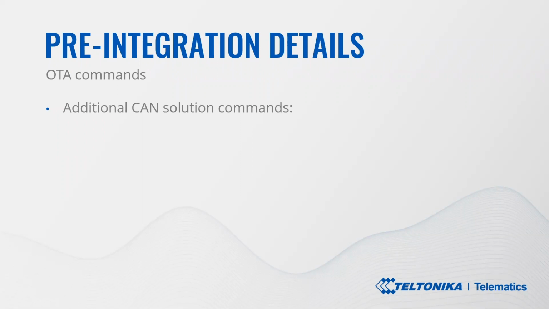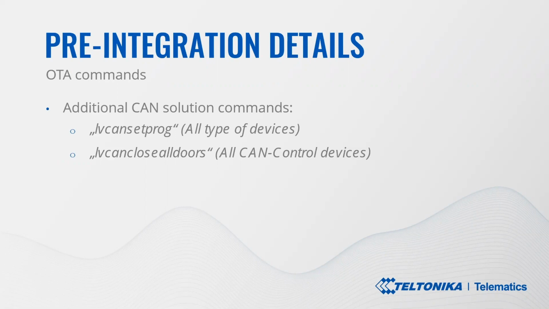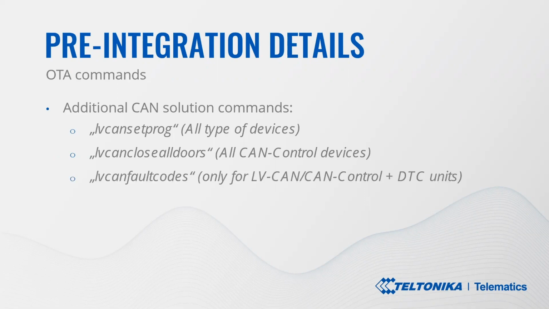Let's move on to the commands that are specific to our CAN solution. So let's have just a basic overview. We have an lvcan set prog command, which has been previously described. This is used for all types of devices to configure the preferred program number. lvcan close all doors is used specifically for all CAN control devices to close the doors. lvcan fault codes is a specific command to use with the DTC units.